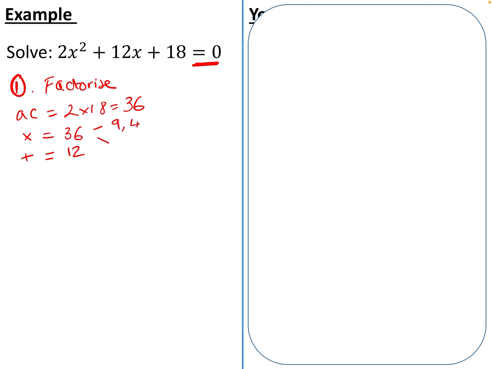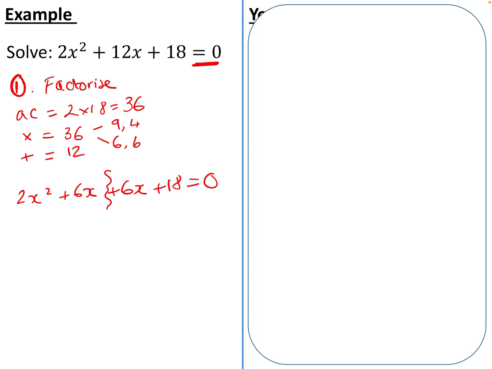We could have 6 and 6. 6 and 6 are going to add up to 12, so those are the two numbers I'm going to use. I'm now going to take these two factors and separate bx, that middle term, into two separate terms. So I get 2x squared plus 6x plus 6x plus 18 equals 0.